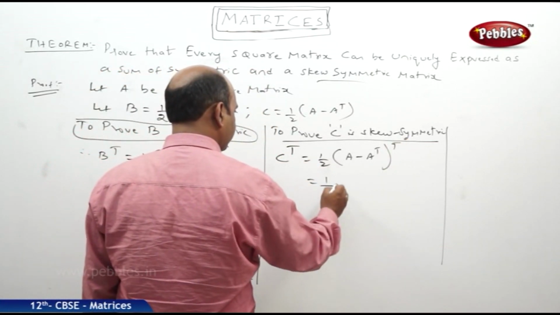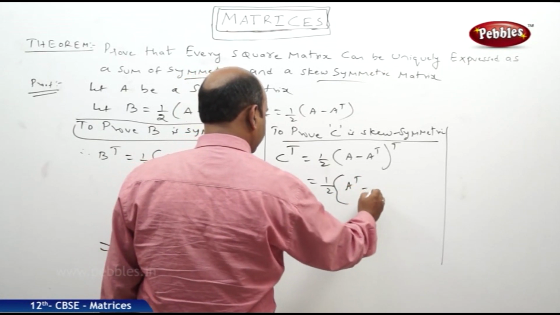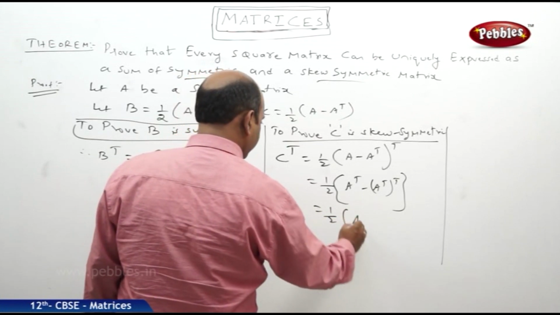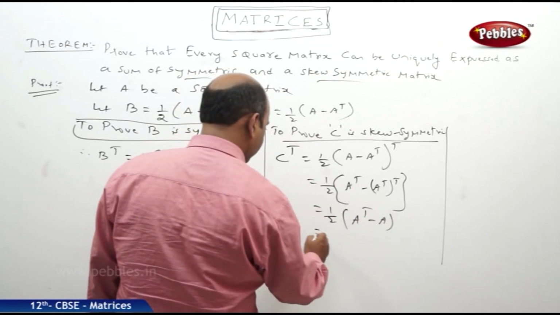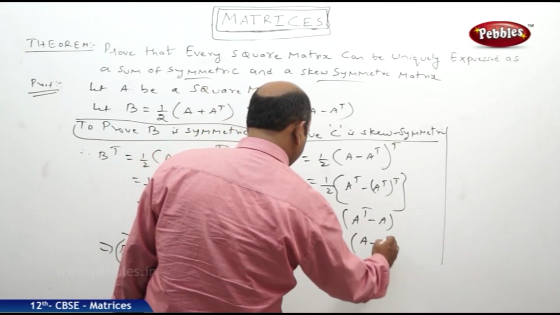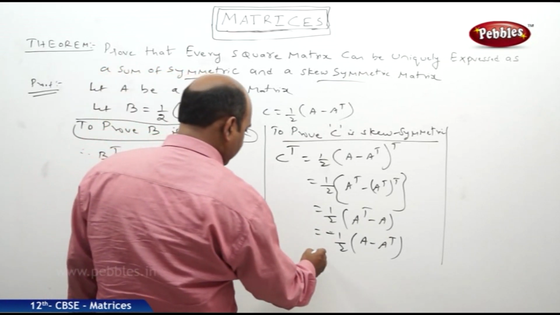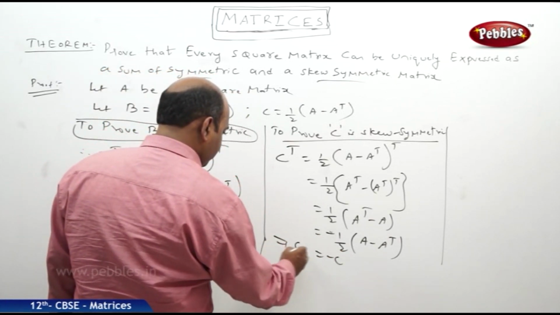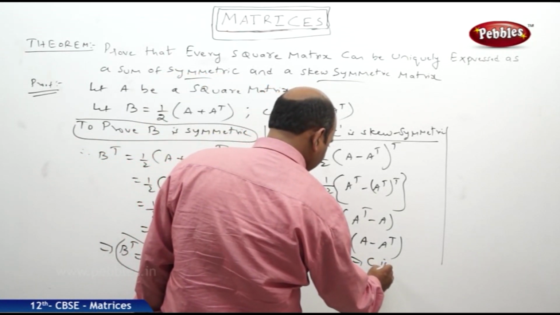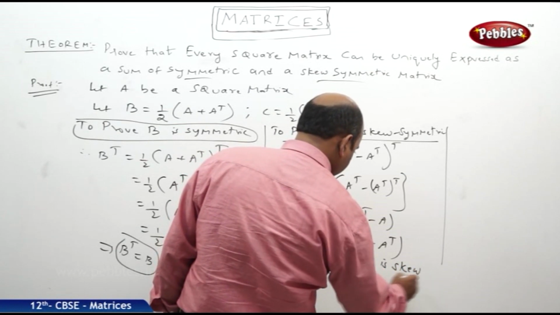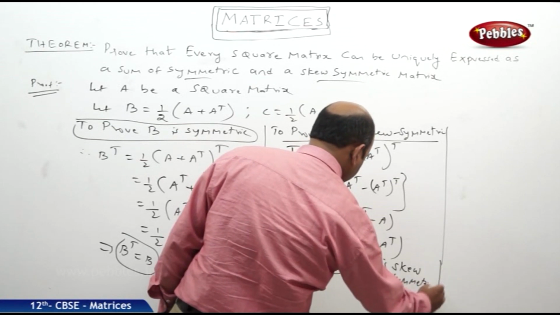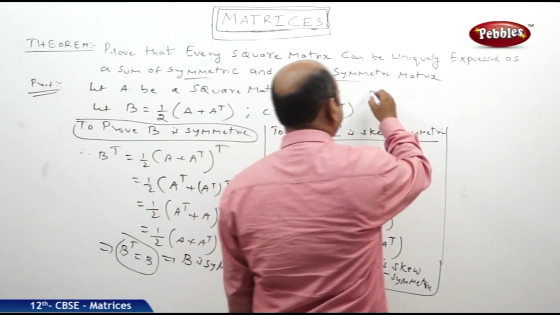So 1 by 2 into A transpose minus A transpose whole transpose, so 1 by 2 into A transpose minus A. If I take minus common, minus 1 by 2 into, I get A minus A transpose. So this is minus C. So C transpose is equal to minus C. So what can I conclude? C is skew symmetric.